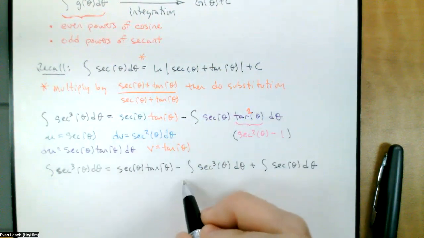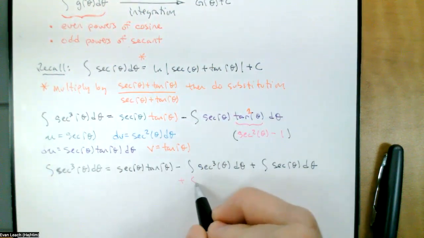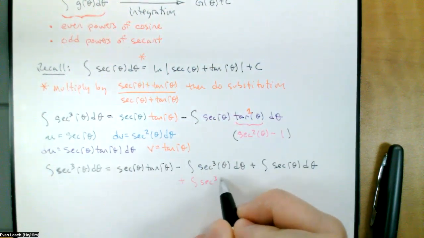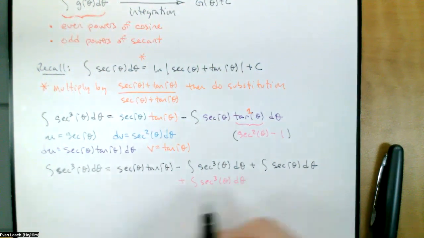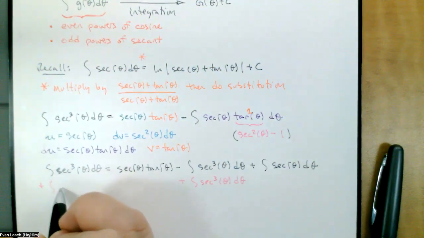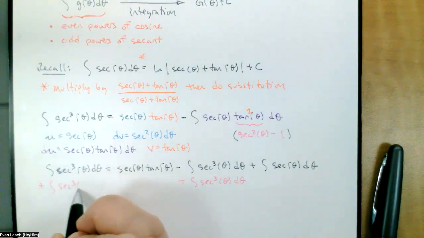So I'm going to add 1 term of secant cubed theta d theta because this is what we're trying to find.